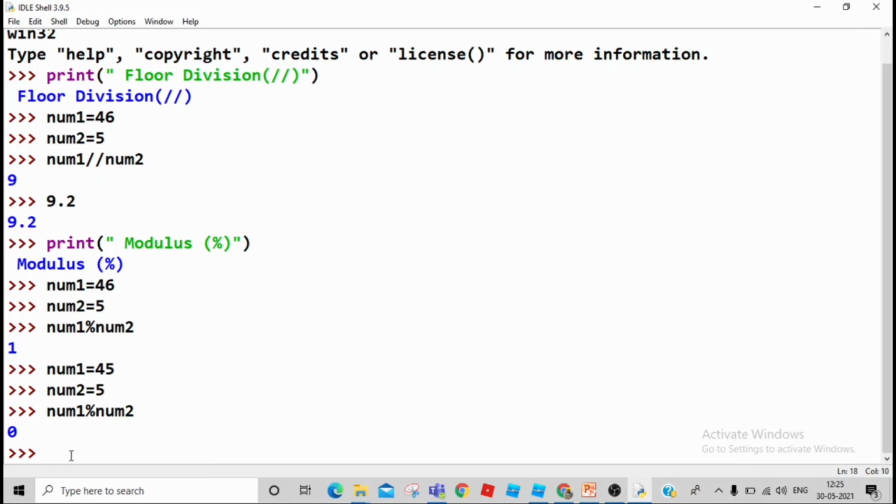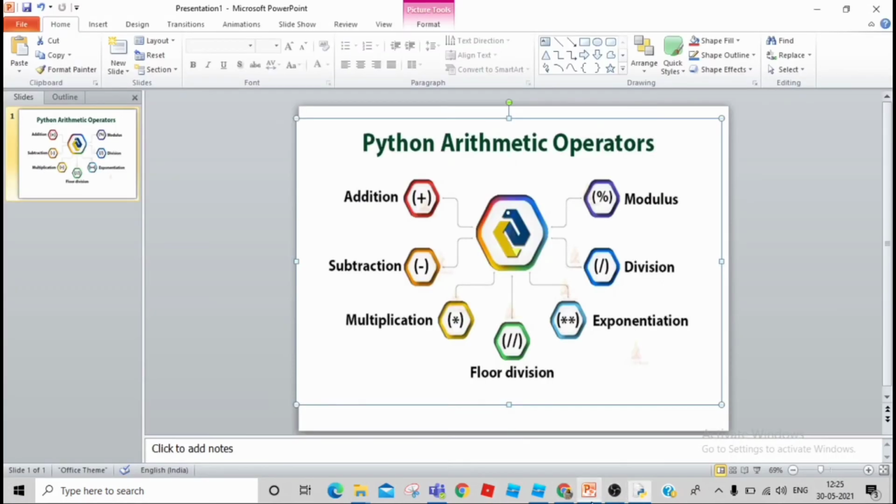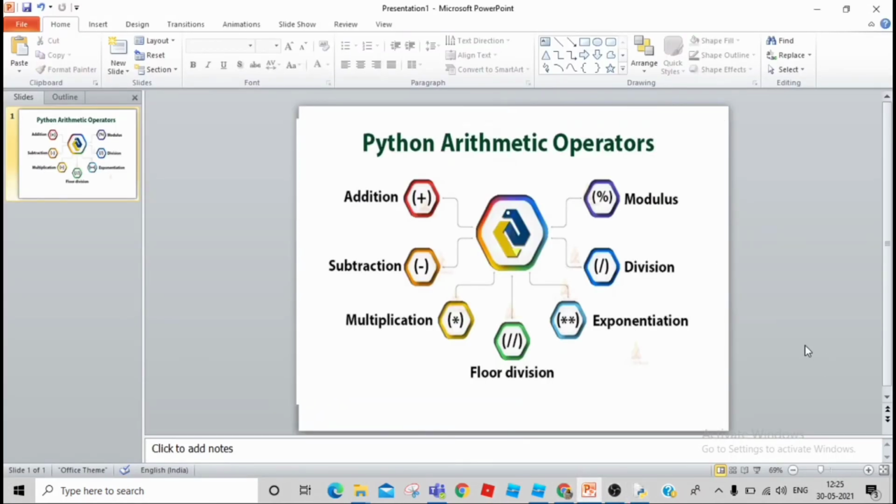Okay, so now let's proceed. Now let's have a small recap of what we have done till now. We have done Python arithmetic operators. It includes addition, subtraction, multiplication, division, floor division, exponential operator, and modulus.